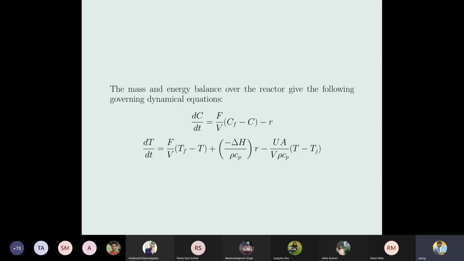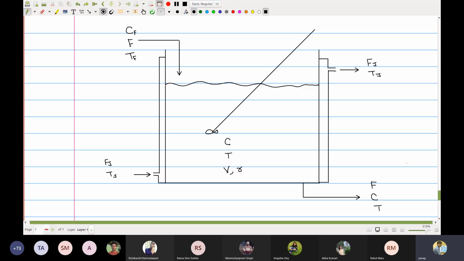Then the balance equation for energy. How does the temperature change? Again, the temperature would change because the feed is coming at some temperature and going out at some temperature.